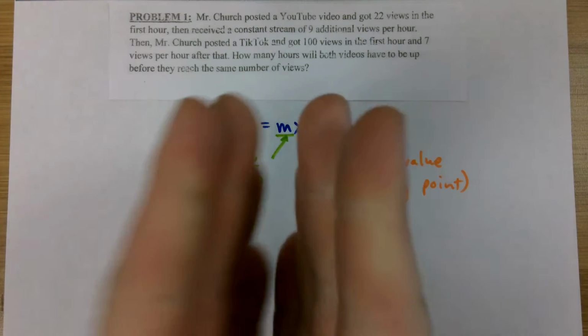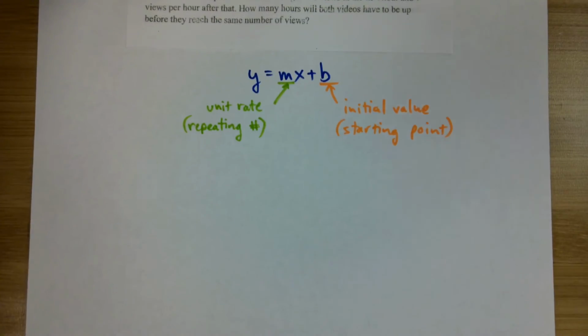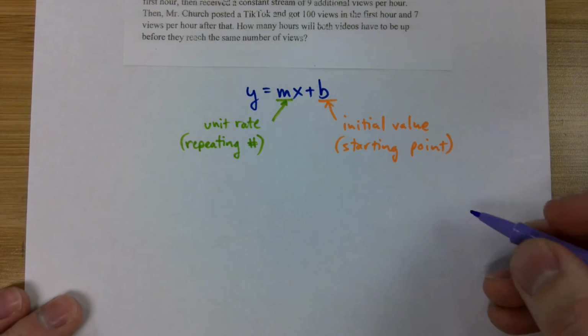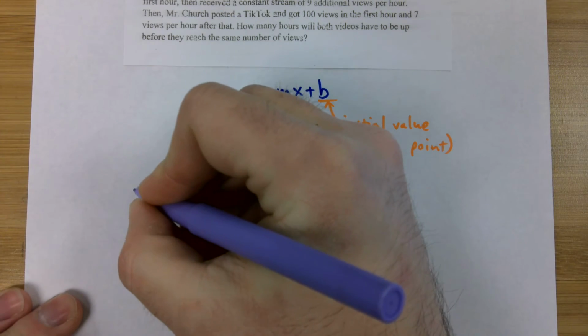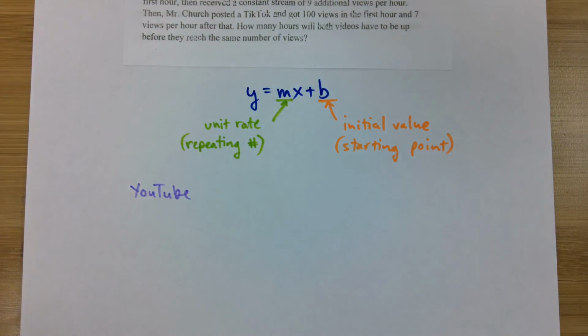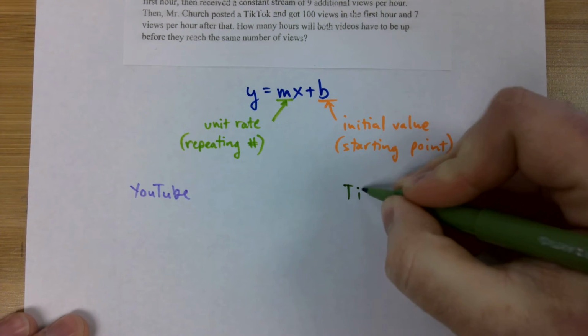So, let's go ahead and do this in 2 separate equations. Then we're going to see how they come together and form one single equation. On the left side, we're going to go with the YouTube video. And then on the right side, we're going to look at the TikTok.